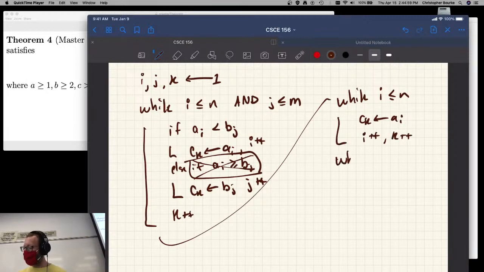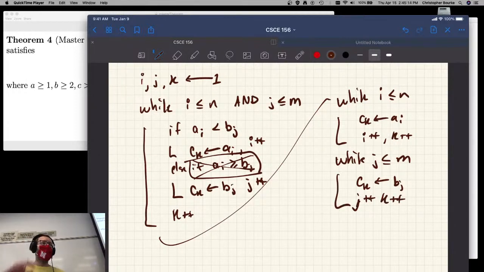And then independently, another while loop in case it's the other one: C sub k is B sub j, j plus plus, and k plus plus. All 3 of these loops are independent, right after the other. They're not nested. This is the merge operation.